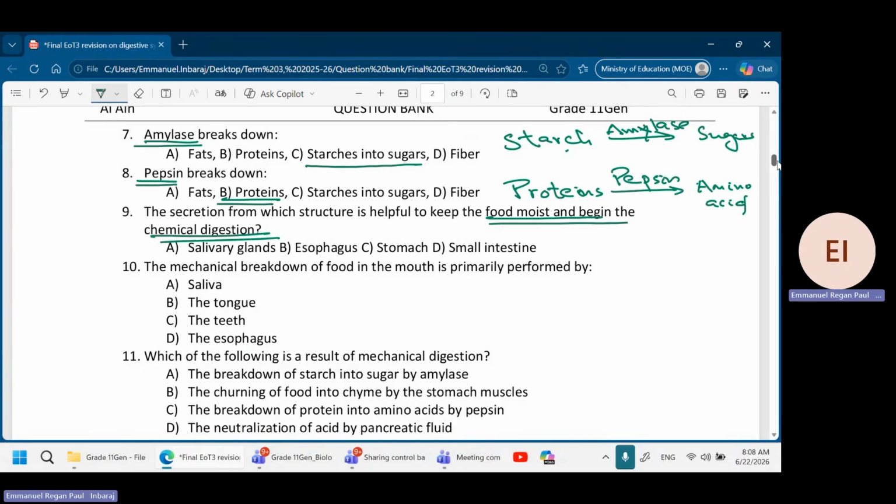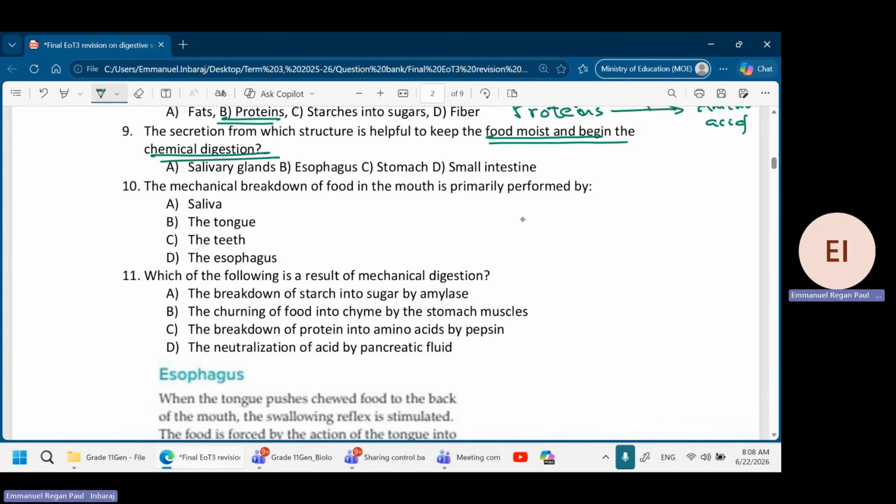Mechanical breakdown of food in the mouth is primarily performed by the teeth. Which of the following is a result of mechanical digestion? The churning of food into chyme by a stomach muscle. So this is the answer.